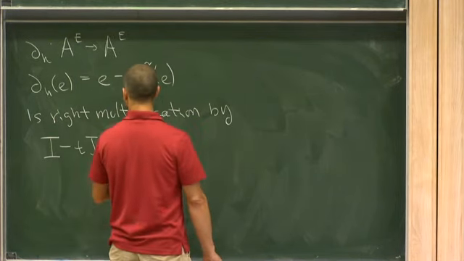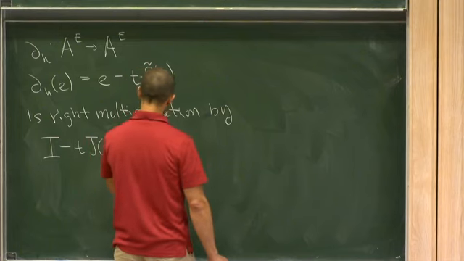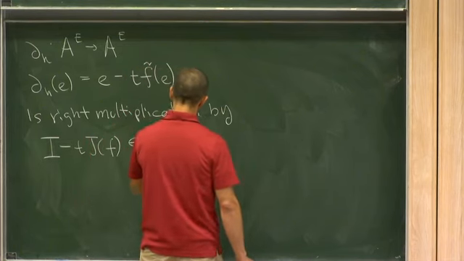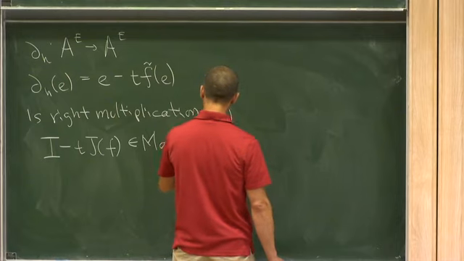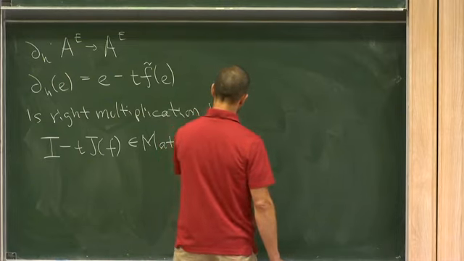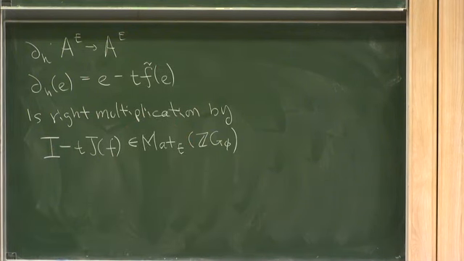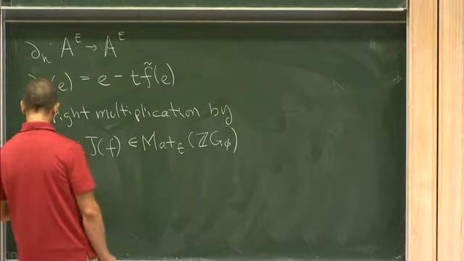It's essentially just the Fox calculus. So this is an E by E matrix over the group ring, just over the group ring, no L2 anymore. It's just right multiplication by this matrix that has the Jacobian.